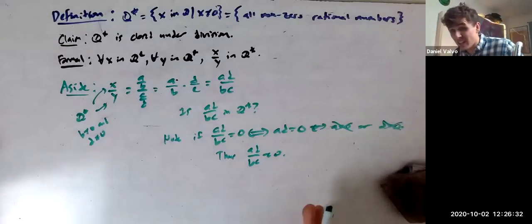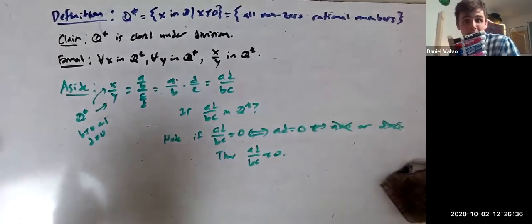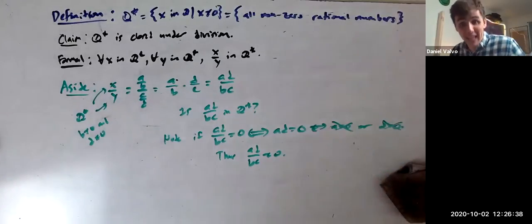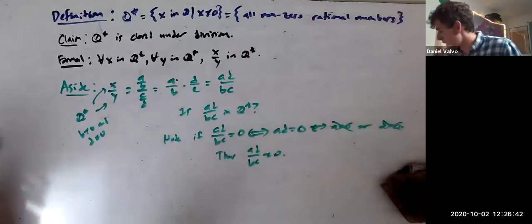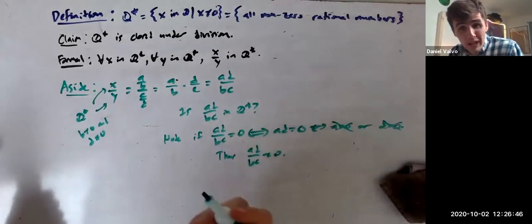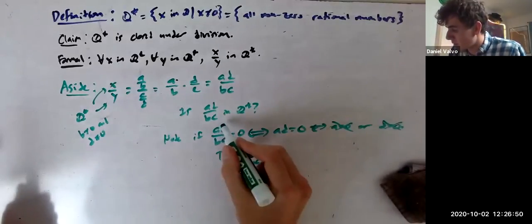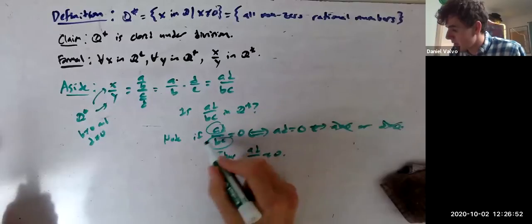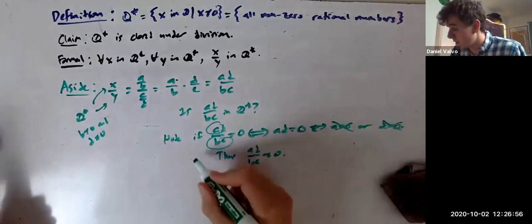Okay, so we know it's non-zero, but is it a rational? The non-zero rationals actually are closed under division, so let's get into it. To be a rational number, all that means is that you're a ratio of integers. Well, heck, this looks like a ratio, right? You have an AD over a BC. The question is, are those integers?